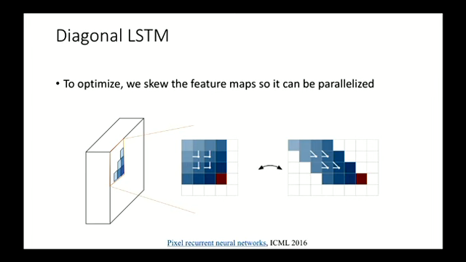So this is my first row, we keep it as it is. The second row we shift by one pixel, and the third row we shift by two pixels. What this helps us is, we can parallelize our computation. Basically this two pixel depends only on this pixel, and this three pixel depends on these two pixels. So we can train this network in a column-wise fashion. So this speeds up the computation, and it makes the training process more efficient.